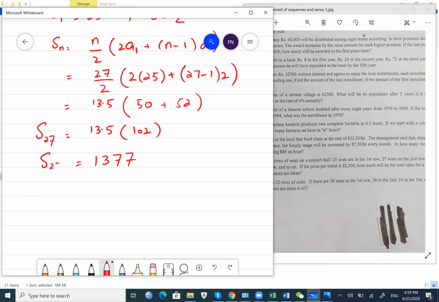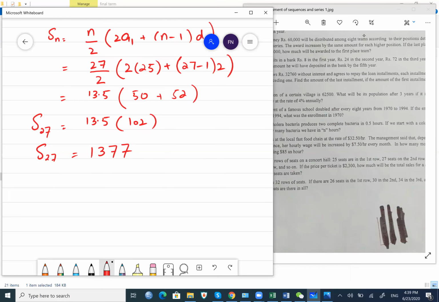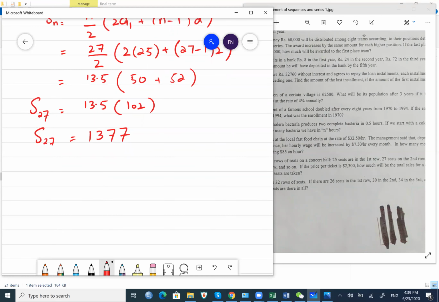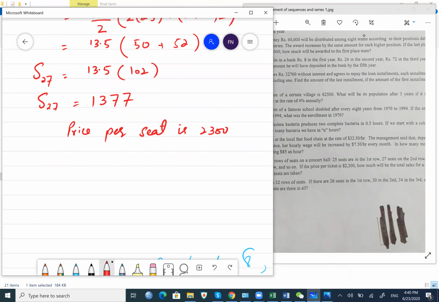1377. So this is the total number of seats. And he says if the price per ticket, or so-called price per seat, is 2,300, the total sale will be number of seats times price per seat.